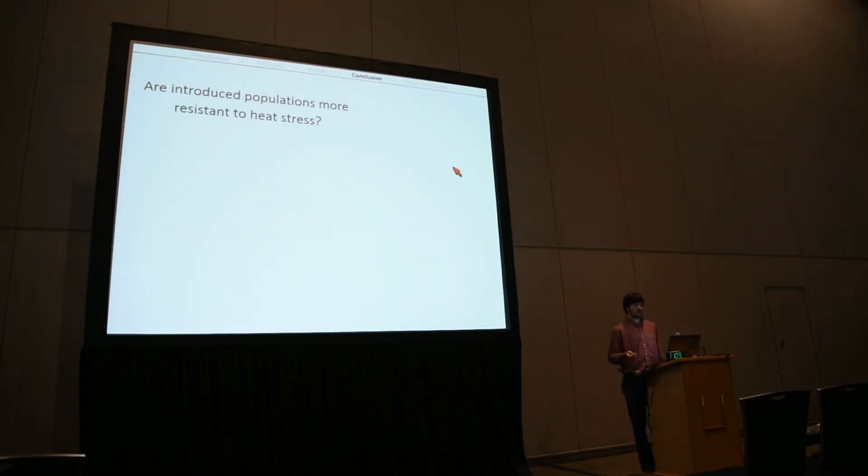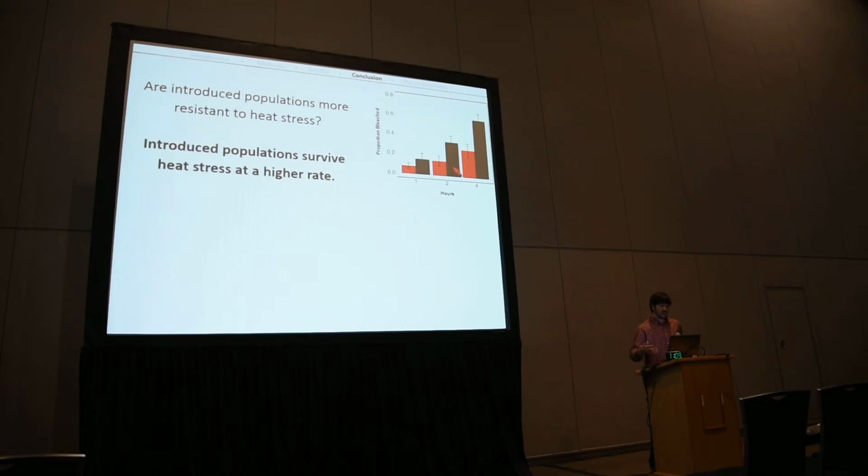So returning to my posed questions, are introduced populations more resistant to heat stress? It appears that the introduced populations are surviving heat stress at a higher rate. And because it was maintained through the common garden, which serves to remove previous environmental conditions, it indicates that there's a genetic component to this change in survivorship.